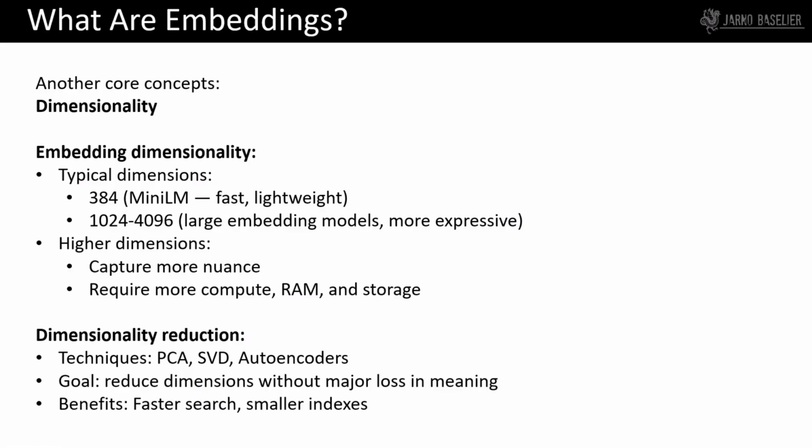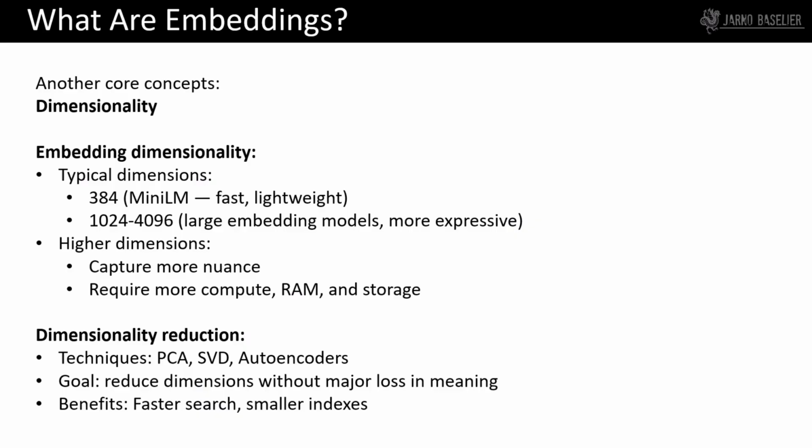Another core concept in this is dimensionality. We already discussed this a little bit. Well, embedding dimensionality, typical dimensions like 384, which is a MiniLM, fast and lightweight, and a larger one, the 1024 to 4096, is a large embedding model, which is simply more expensive. But in the end, it can hold more intelligence.